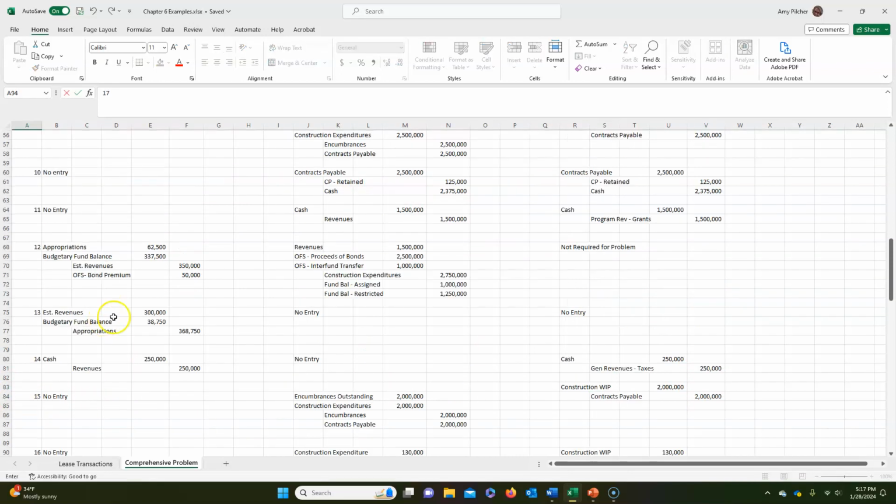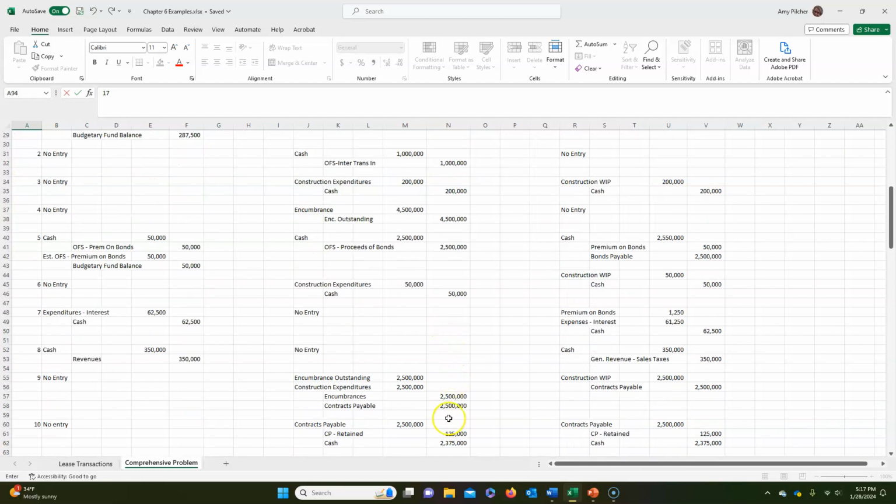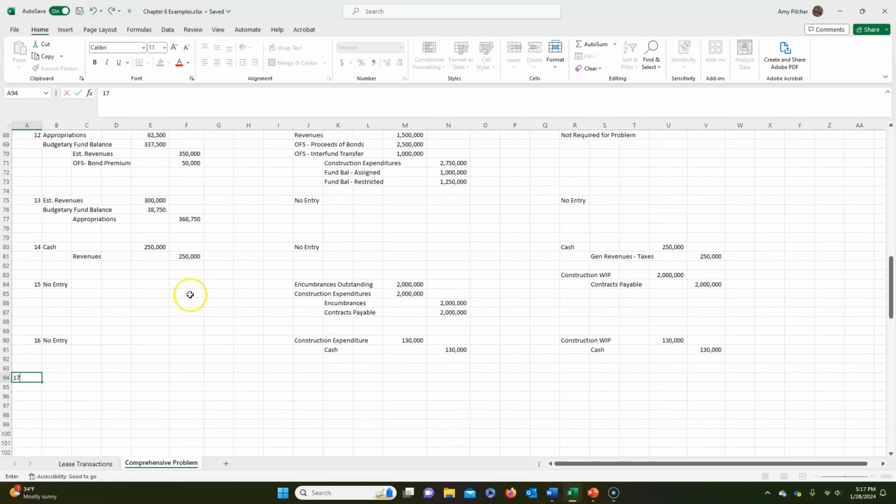Entry 17. The roof leak was repaired and the city paid final billing and all retainages. So including this retainage of $125,000 paid. So no entry. We have contracts payable of $2 million.